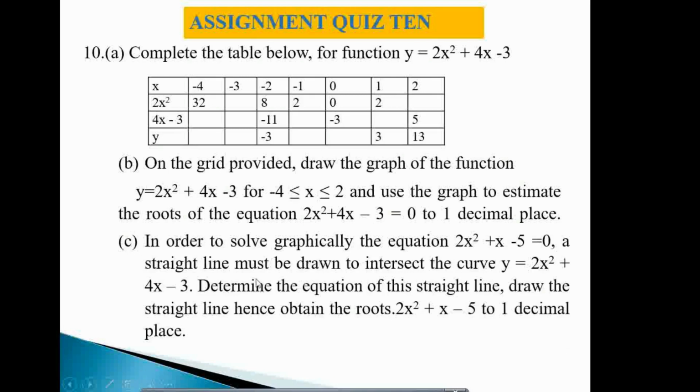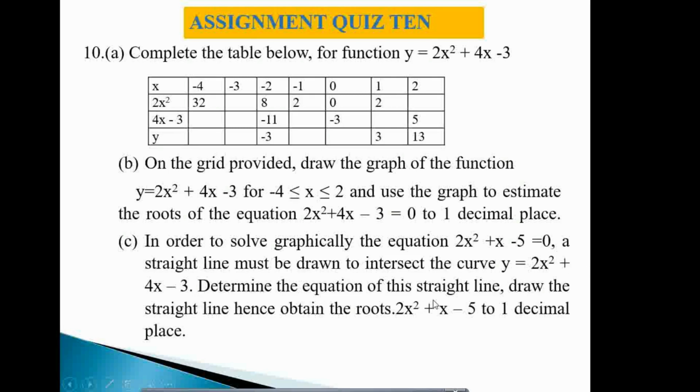Then part C, in order to solve graphically the equation 2x squared plus x minus 5 equals 0, a straight line must be drawn to intersect the curve y equals 2x squared plus 4x minus 3. I want you to use the graph which you have drawn to solve this equation. The hint is that you have to draw a straight line that will intersect the curve y equals 2x squared plus 4x minus 3.